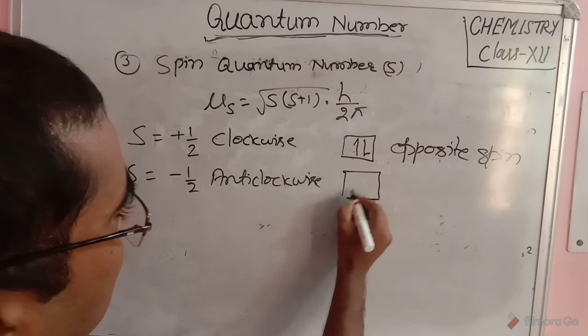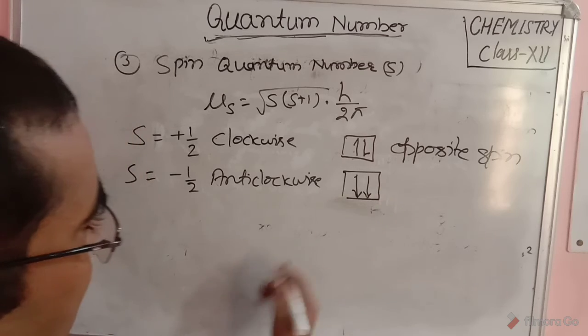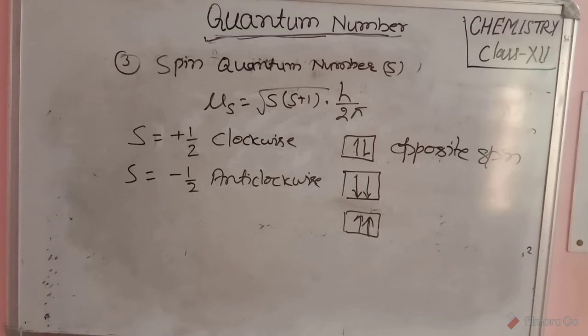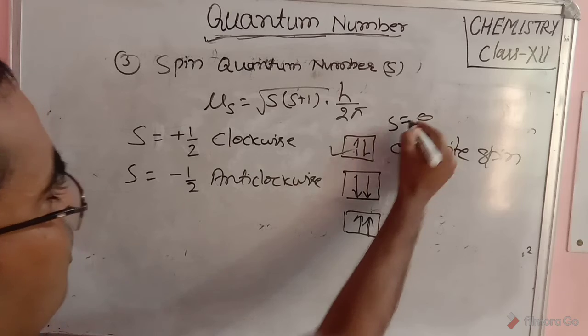If electrons are arranged like this or this, it means it's a parallel spin, and parallel spin means either plus half or minus half, because both are in the same direction. The spin angular momentum is a vector quantity. It can have two orientations, and an orbital can accommodate two electrons having opposite spin. That's why here the S value for this is equal to 0.